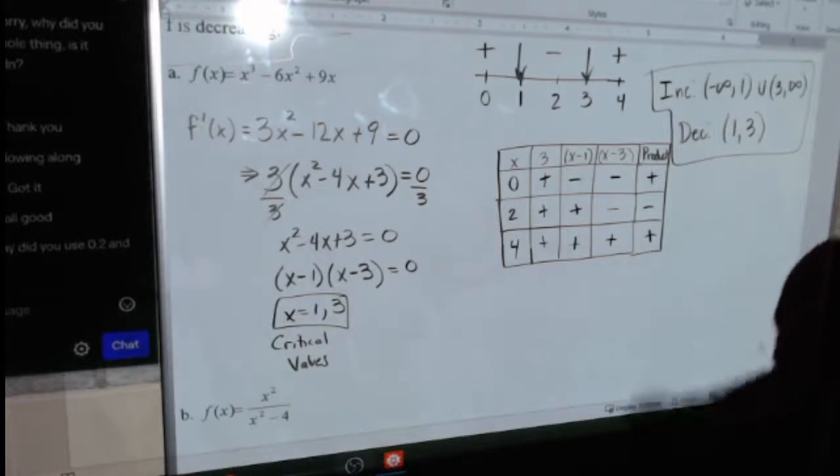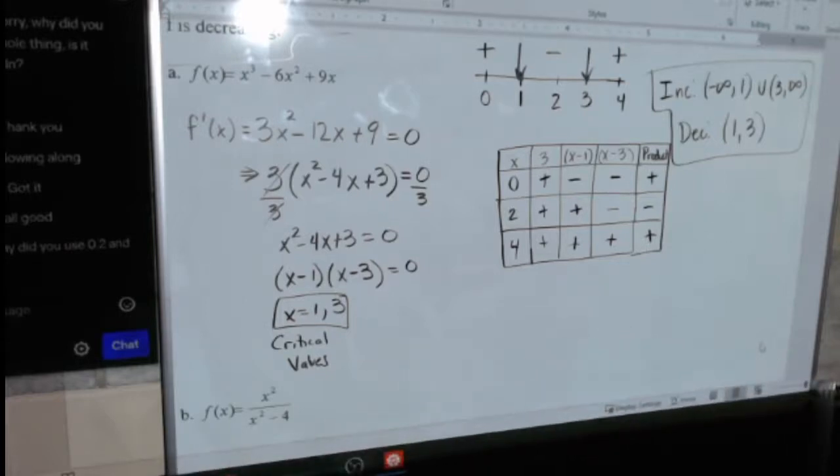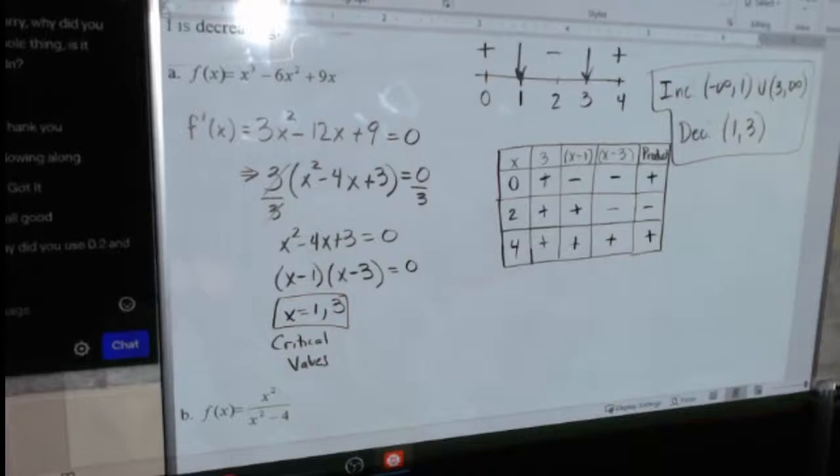So really quickly, I just want to plot that polynomial for you so that you can see that we proved where it was positive and negative. So that function is x cubed minus 6x squared plus 9x.